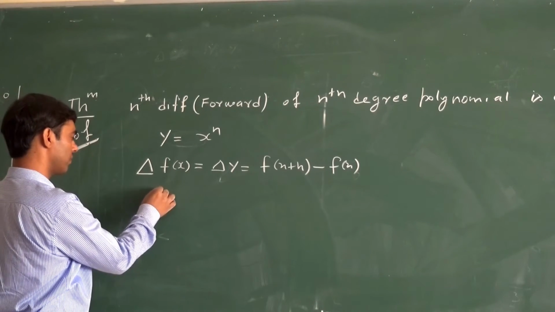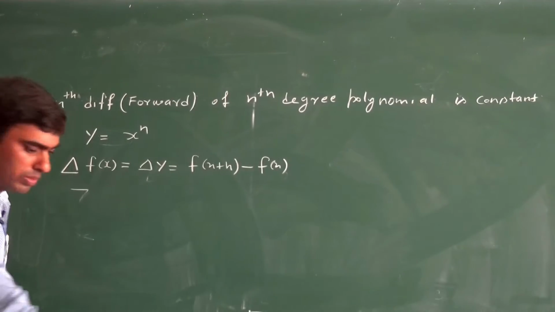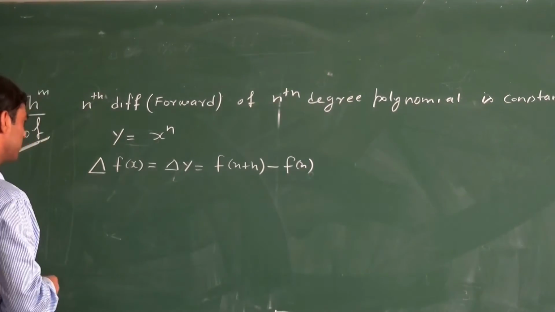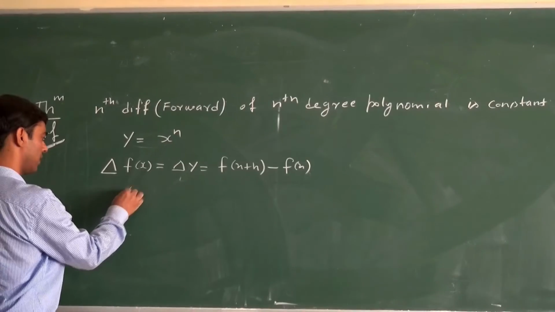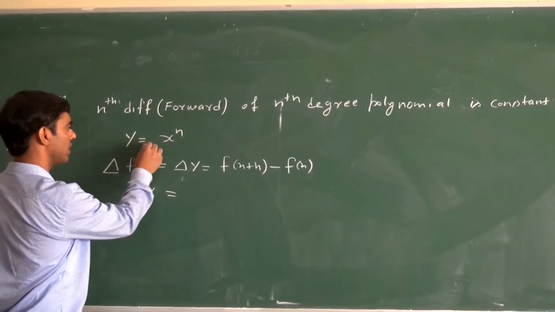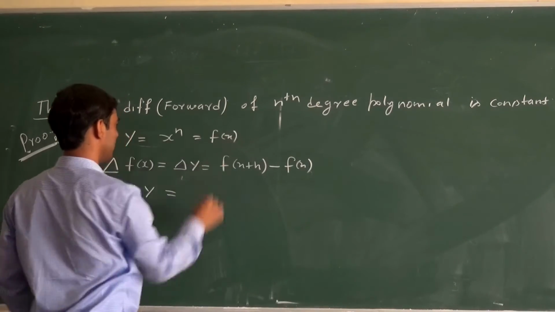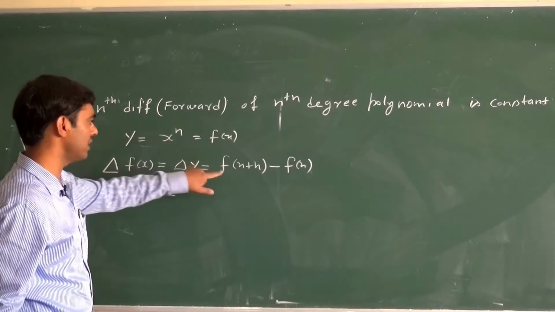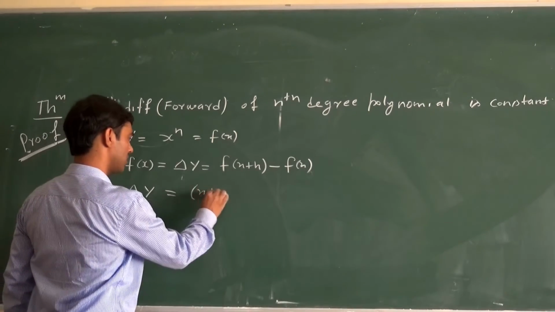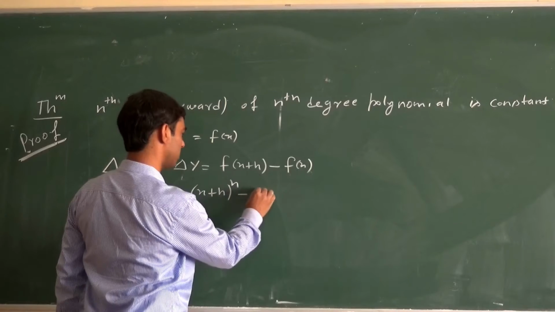Now what is the value of Δy? Δy means not backward, this one is forward. Here y equals f(x). If f(x) is x^n, then f(x+h) becomes (x+h)^n, minus f(x), which is x.